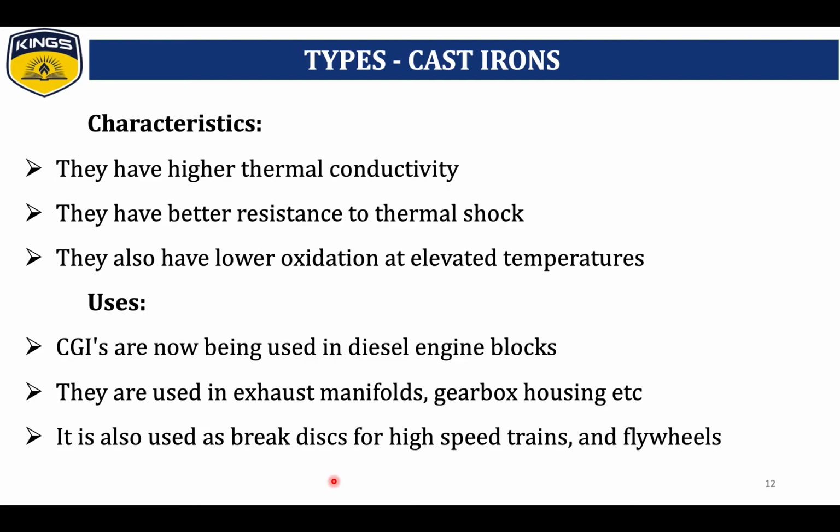They have high thermal conductivity, better resistance to thermal shock, and also low oxidation at elevated temperatures. Here, the uses: these are used in diesel engine blocks, exhaust manifolds, gearbox housings, and especially brake discs for high speed trains and flywheels.